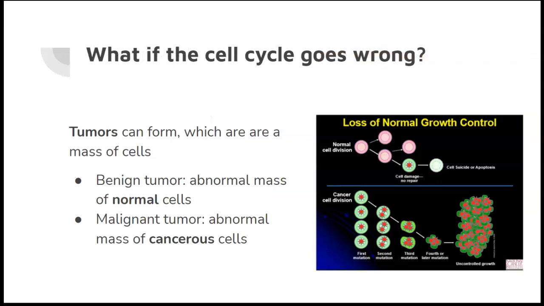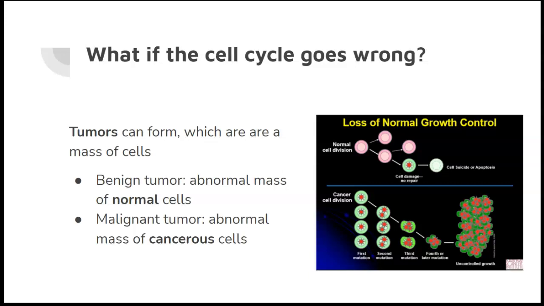So what if this cell cycle goes wrong? Well, we just talked about how there's a checkpoint to make sure that everything is replicating appropriately and doing its job exactly how it's supposed to do. But if something goes wrong, your body doesn't always catch it. And what happens is that a tumor can form. A tumor, by definition, is just a mass of cells.